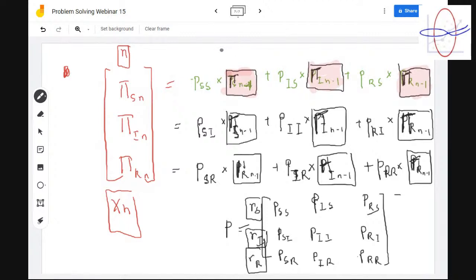Then this is the RS vector dot product with the pi n minus 1 vector, that is pi S n minus 1, pi I n minus 1, and pi R n minus 1. Similarly, if you multiply this, you will get these results.